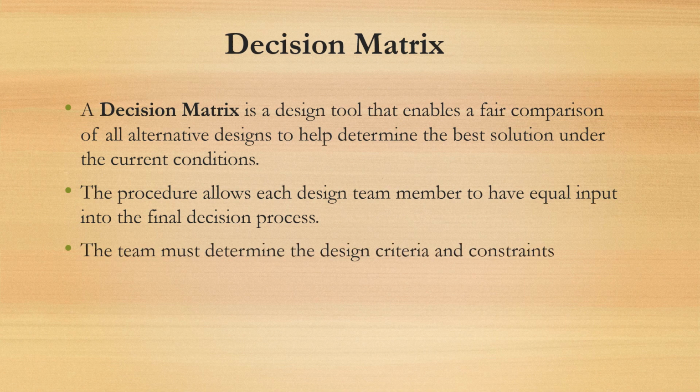Now, in order to create a decision matrix, we first have to determine constraints and criteria. So it may be after students are brainstorming many ideas and then they define or even redefine the problem. And that's very important. Oftentimes we need to go out and talk to potential end users.